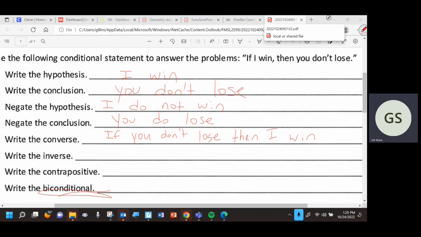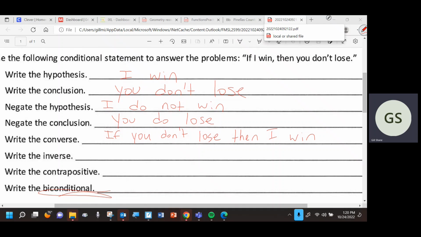Does anybody think they have it? Because this is the one where we don't flip them. So it's still the hypothesis first, but the conclusion second. But we have to negate the hypothesis, I believe, right? It says on your sheet. By negating the hypothesis.